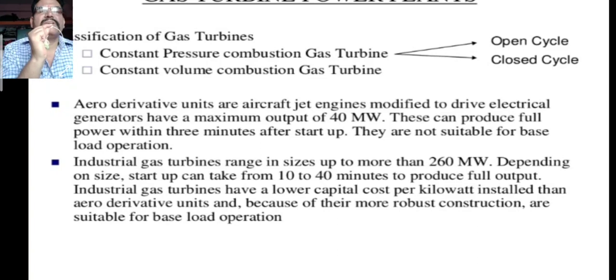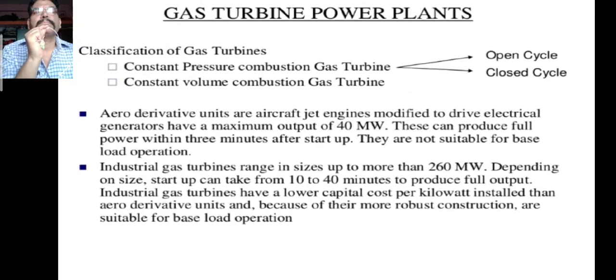Depending on size, startup can take from 10 to 40 minutes to produce full output. Industrial gas turbines have lower capital cost per kilowatt installed than aeroderivative units, and because of their more robust construction are suitable for base load application.